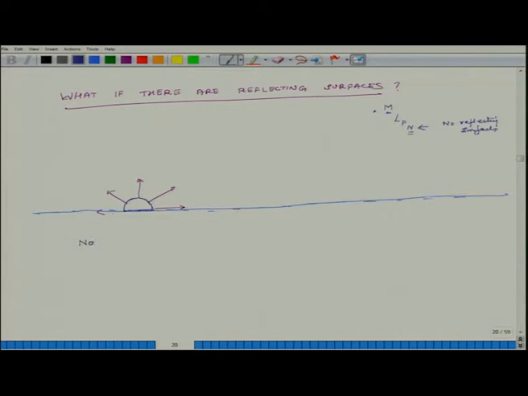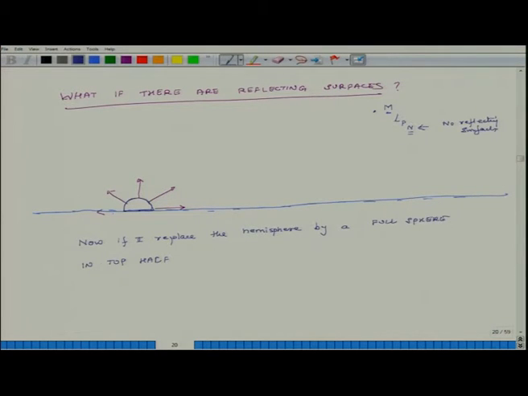Now, if I have this type of a universe where there is a top half and a bottom half and they are separated by a reflecting plane, and in such a situation, now if I replace the hemisphere by a full sphere in the top half, what does that mean?